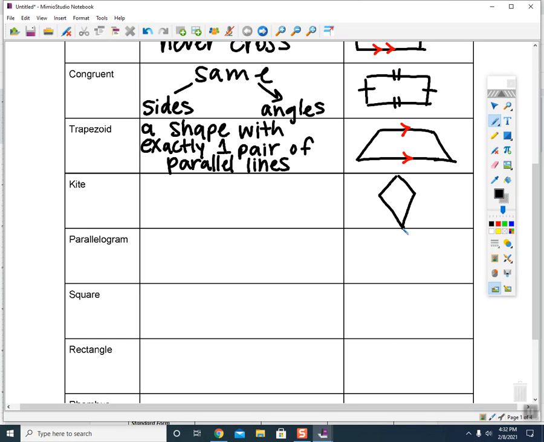I'm going to have two pairs of congruent, so congruent means same, and adjacent, remember, means next to, two pairs of congruent adjacent sides where the opposite sides are not congruent.